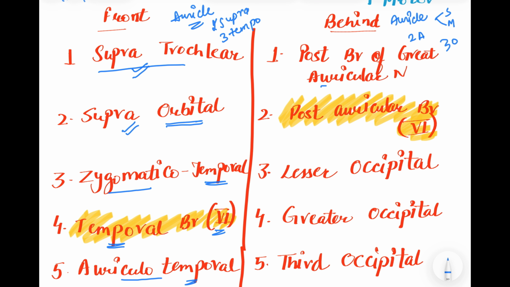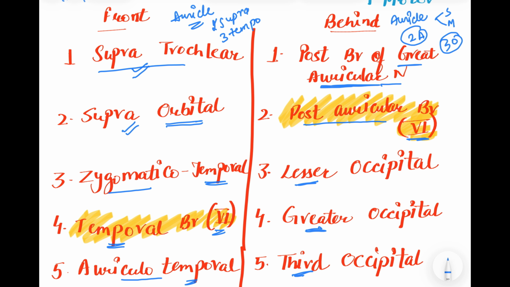So 2 auricles are posterior branch of great auricular nerve, posterior auricular branch of facial nerve, and 3 occipital are lesser occipital, greater occipital and third occipital. So we have 2 auricle and 3 occipital over here, right?